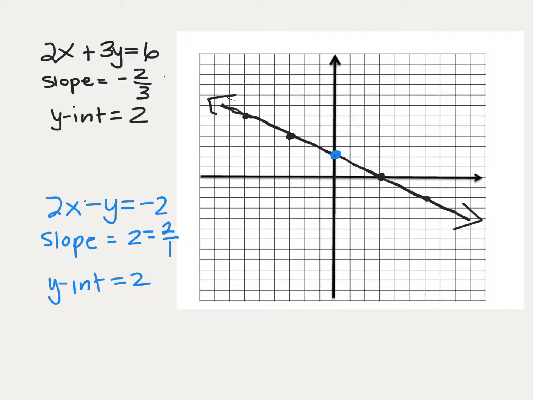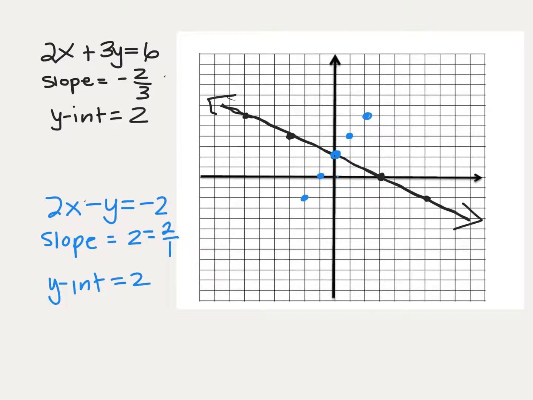So that's telling me to start right here at the y-intercept and go up 2 and right 1, up 2, right 1. Or I could go down 2, left 1, down 2, left 1. I'm going to do both: up 2, right 1, up 2, right 1, and then start back at the y-intercept and do down 2, left 1, down 2, left 1.